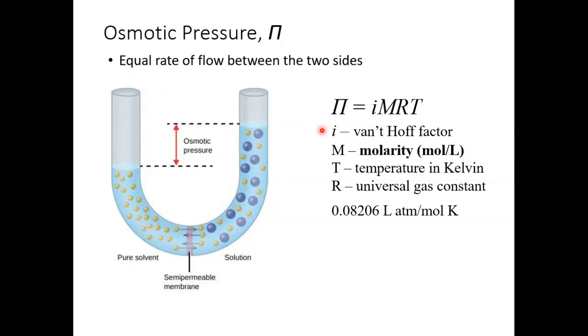Okay, so you guys tell me, remind me, what is i? When I say it's the Van't Hoff factor, what does that mean? It is the number of particles that that solute splits into, dissociates into. Tell me how you know how many particles something splits into. If it's an electrolyte or not. If it is a non-electrolyte, that means it's covalent.